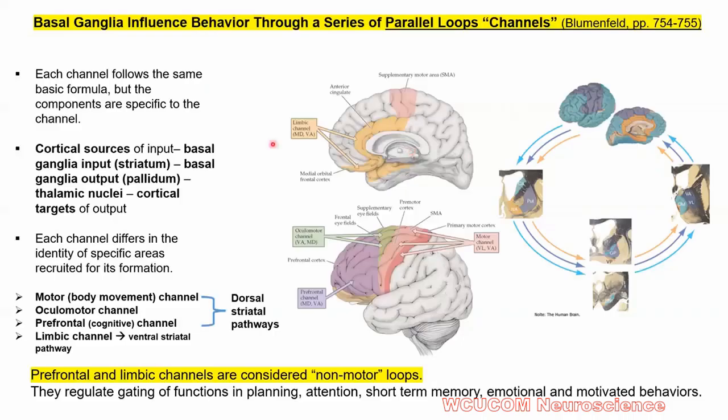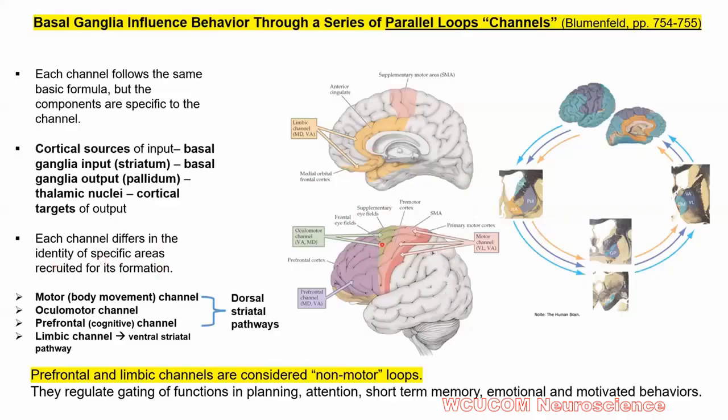There's always a cortical source of input, and that input will go to a certain part of the striatum, which identifies a certain component of pallidum that responds, and then the signal goes to the thalamus and back to cortex, typically to the same or similar area of the cortex from which the signal originated. But each channel differs in the identity of the specific areas that are being recruited for these functions.